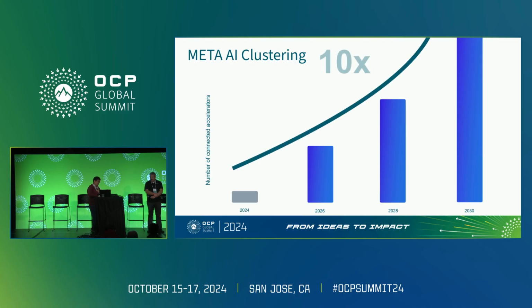In terms of the number of connected accelerators, by 2030 the size will go 10x, maybe more. This looks very exciting, but could be very scary if we don't manage it properly.